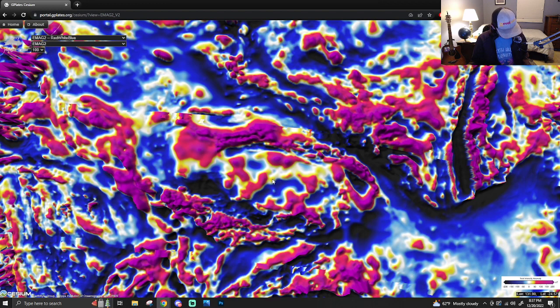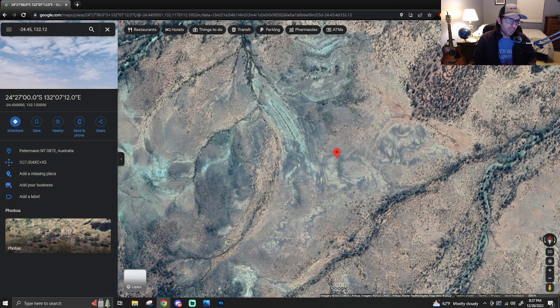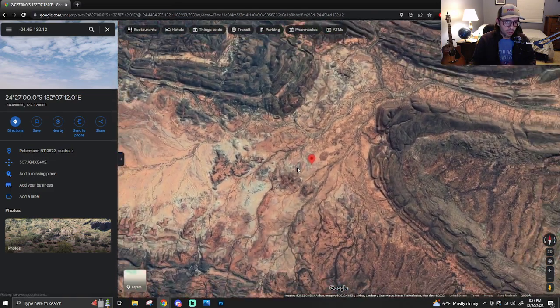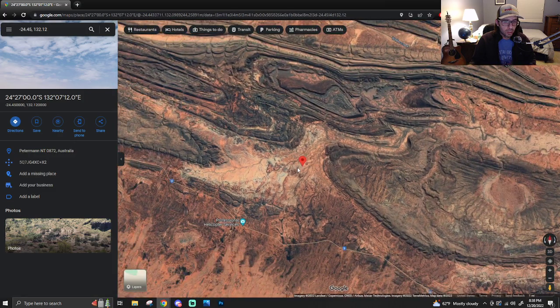Where did I put the nucleus present center? 132.12. Yeah, pretty much. 24.45. Oh, yeah, okay. It's generally there. So we're generally looking at the center of that nucleus type structure here.